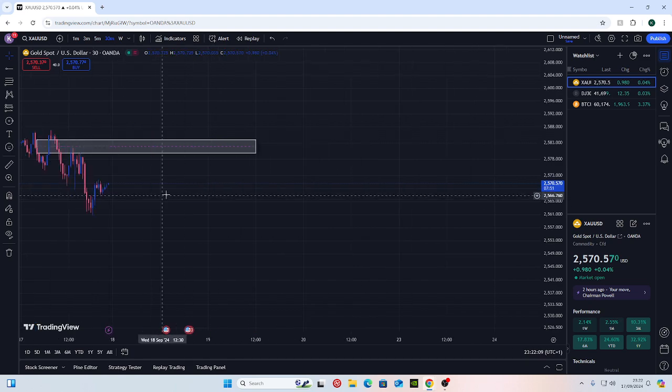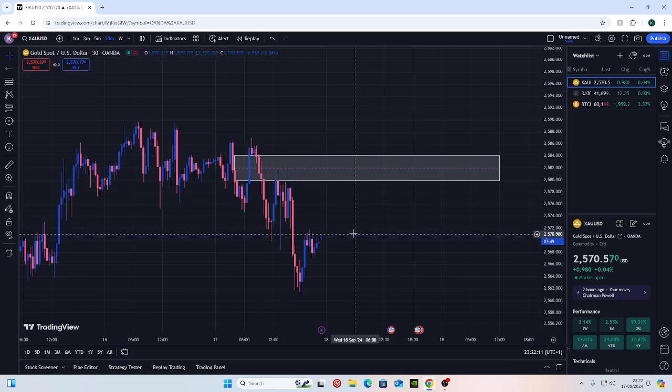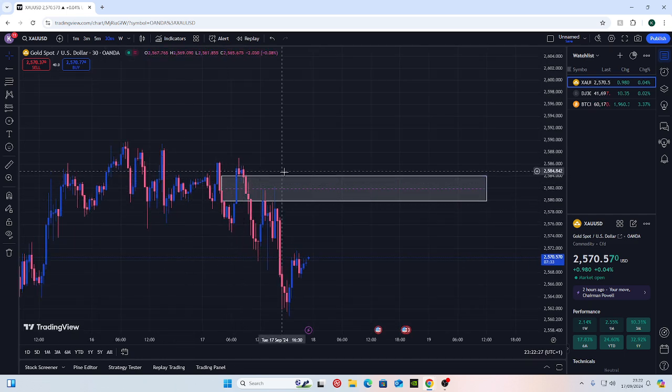But yeah, that would have been perfect execution. Could have waited an hour, 15 minutes, and you would have hit take profit. Like I say, don't be scared of the fair value gaps. Don't be scared to trade through them. But that is how you would find your entry.